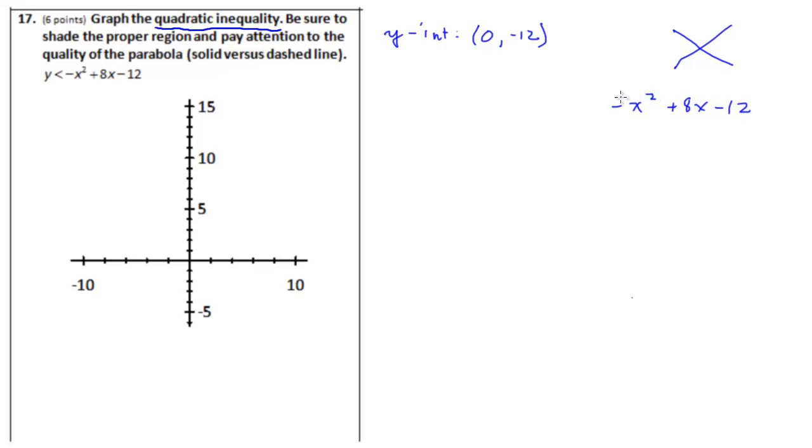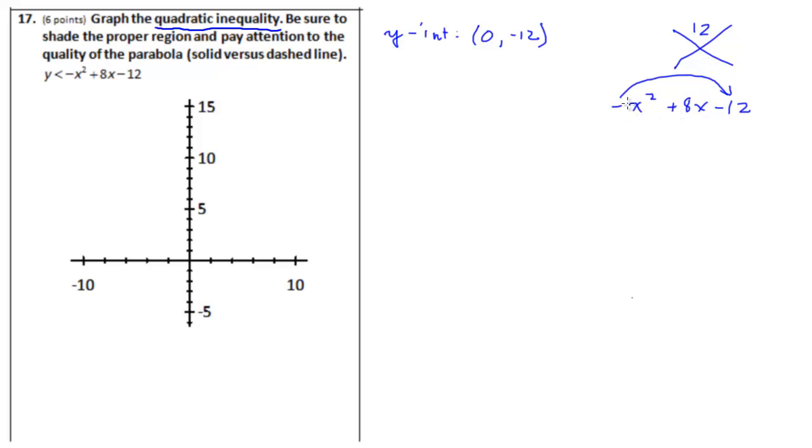Notice I have a negative out front, so I need to do this multiplication. Factors of 12 that add up to be negative 8.